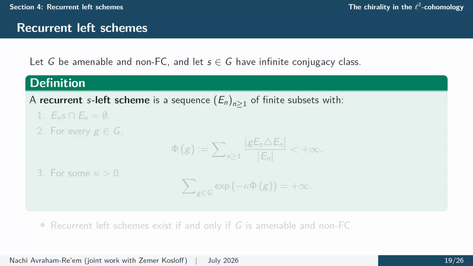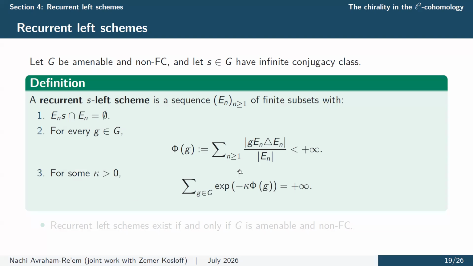It's a sequence of finite subsets. As before, I want these two conditions, which are just the basic definition of left scheme that I mentioned before. Now I want the extra condition, which is inspired by this condition of Vaes and Wahl: there is some constant kappa so that this infinite sum diverges.